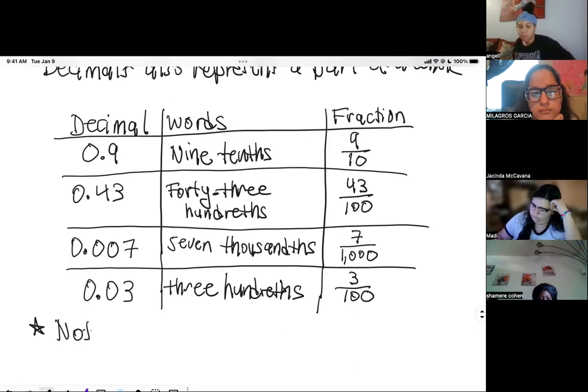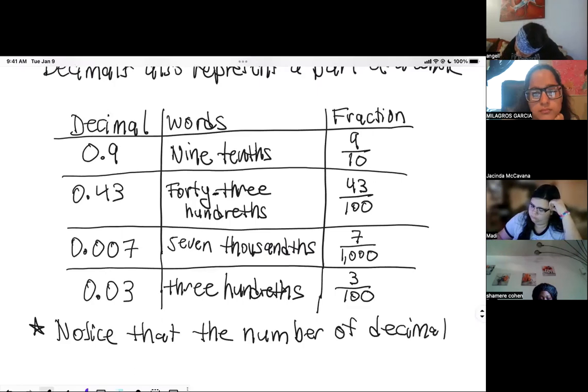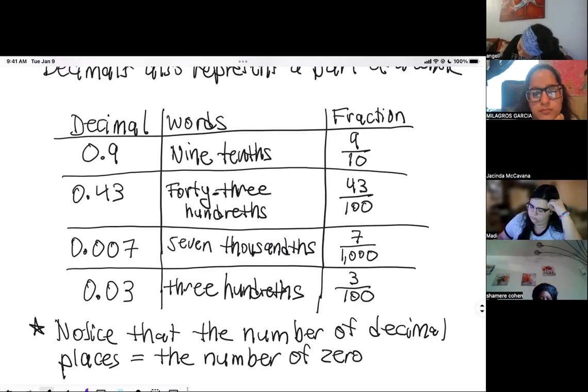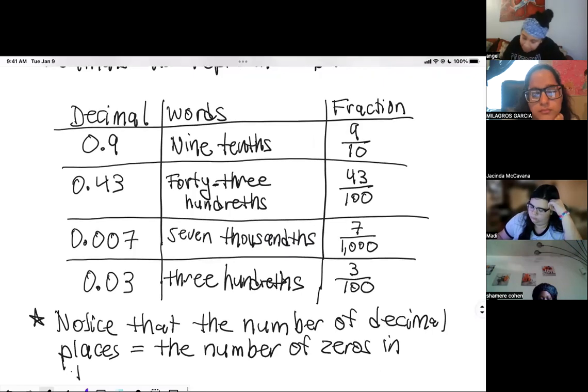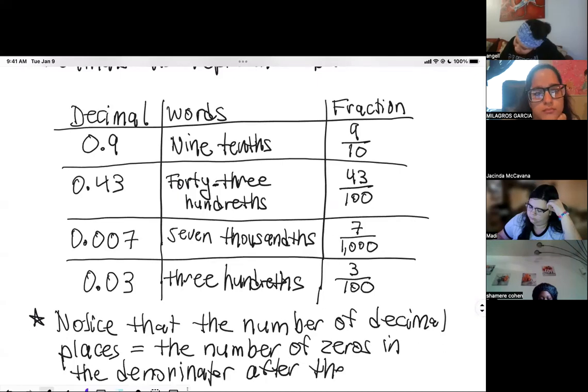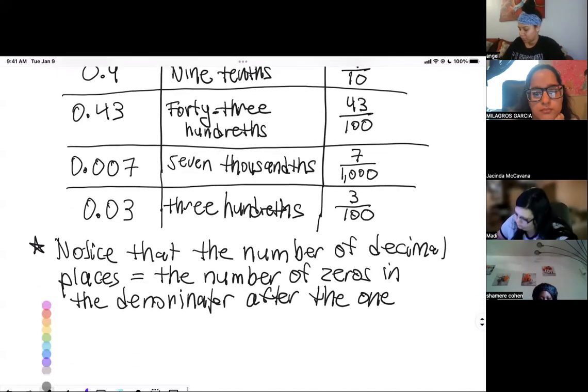Notice that the number of decimal places, like the first one is 1 decimal place, the second one we talked about, 0.43, is 2 decimal places, equals the number of zeros in the denominator after the 1. And I'll show you what I mean here.